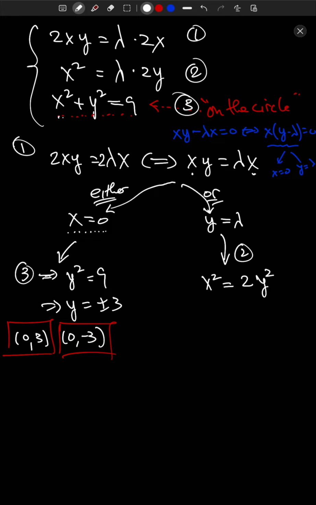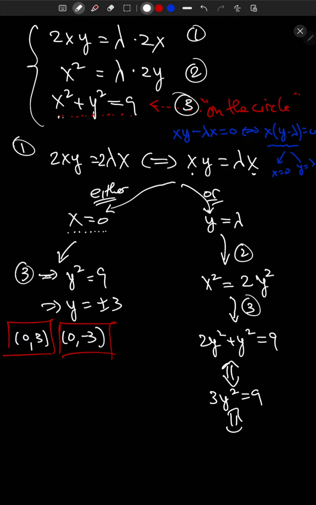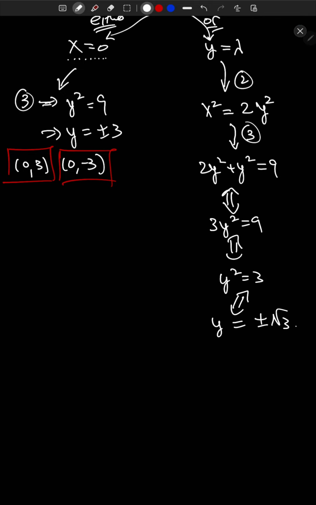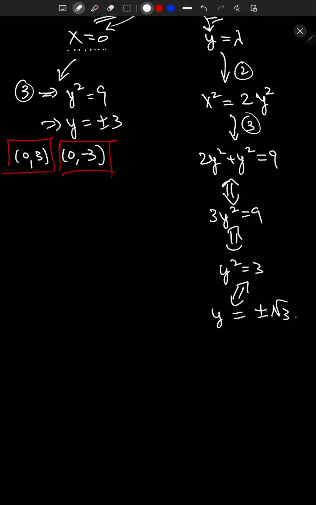Well, if x squared is equal to 2y squared, I can plug this into equation 3, and that'll tell me that 2y squared plus y squared is equal to 9, which tells me 3y squared equals 9, which tells me y squared is equal to 3, which tells me y is plus or minus root 3. Okay. So we've got y equals plus root 3, and we've got y equals minus root 3.